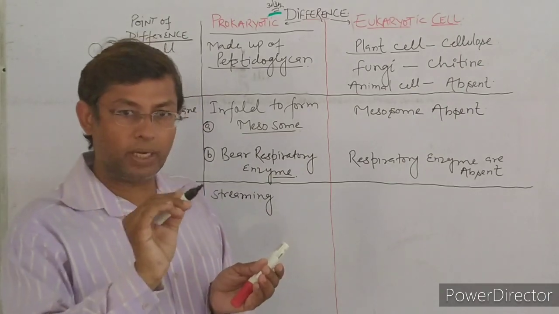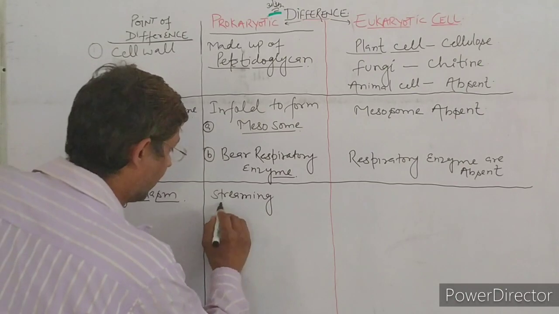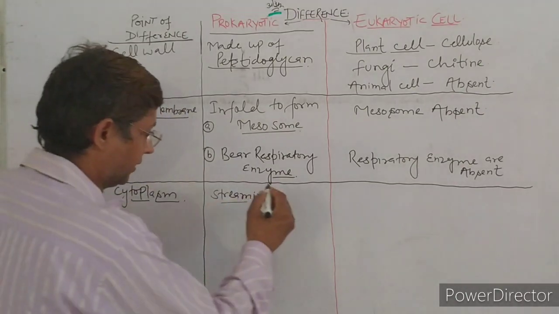that is, the cytoplasm moves in the cell; that is known as streaming movement.